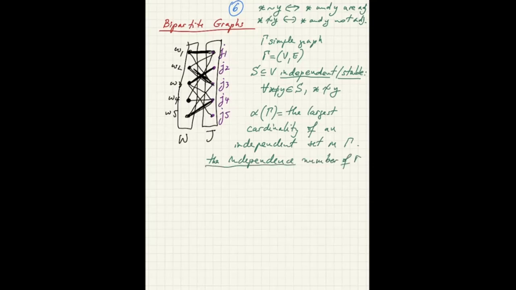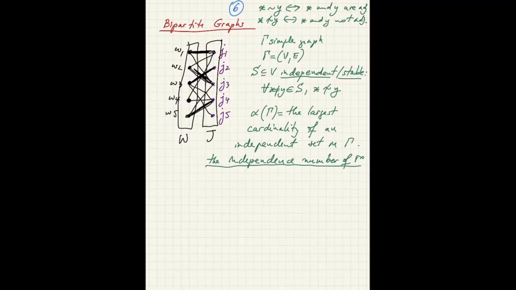And we'll return to it because it's quite an important parameter in a graph. Okay, but for now, in our situation, W is an independent set and J is an independent set, but also a set W1 with J2, there are no edges there, so that's also an independent set. And also a single vertex is an independent set because we don't have loops in this situation.